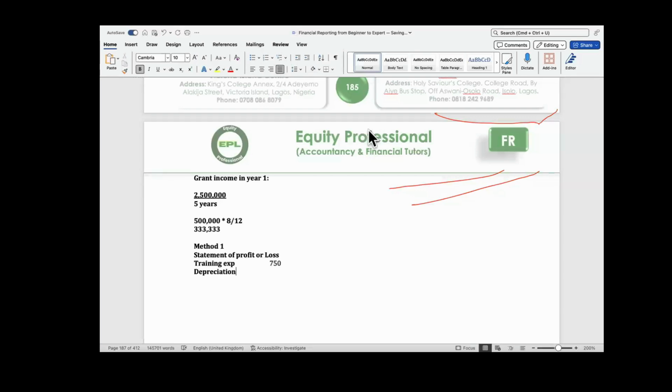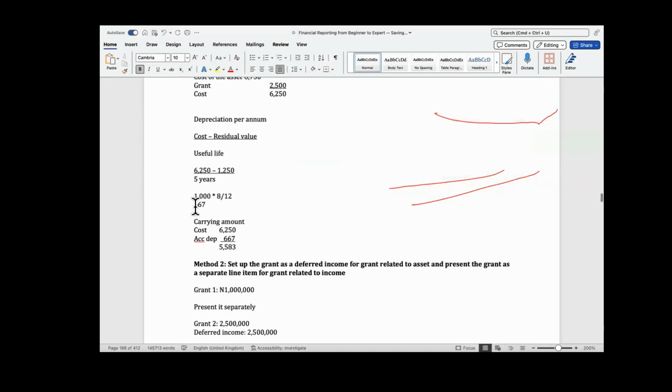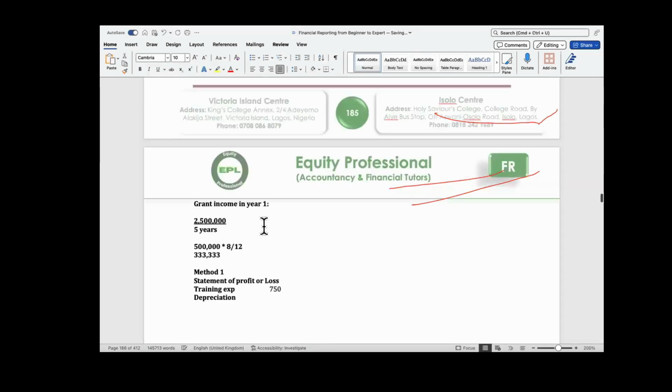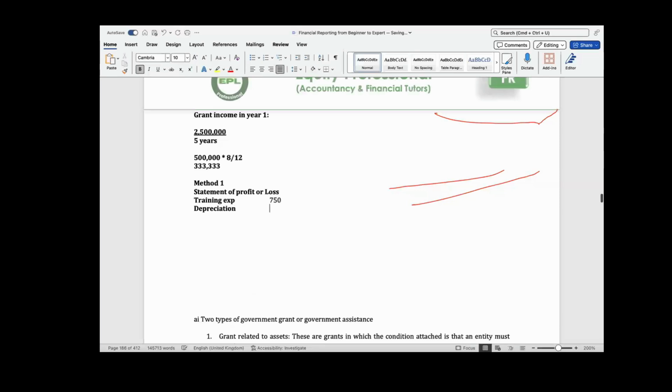Then our depreciation, where's our depreciation from method 1? 667. Our depreciation from method 1 is 667.